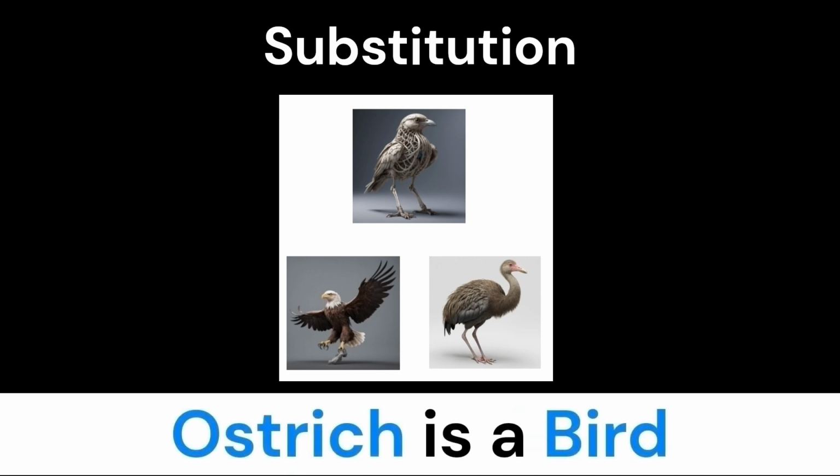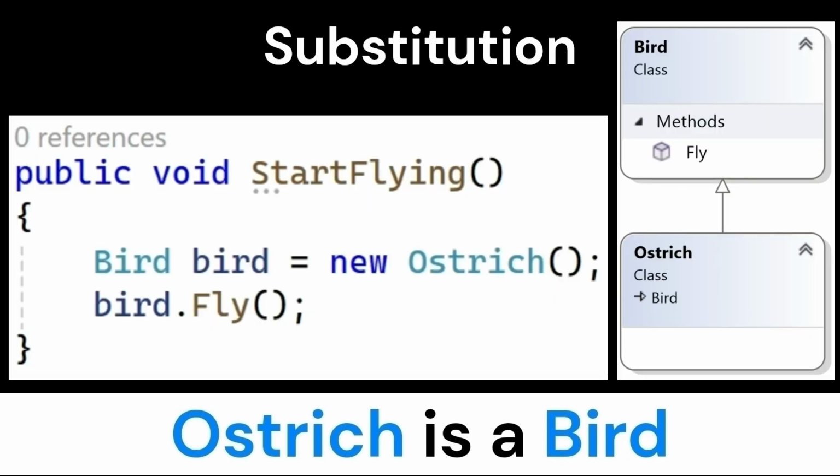An ostrich is also a bird, but it doesn't fly. Even though an ostrich satisfies the is-a relationship with a bird, it's not a proper substitute for a bird in all cases. The fly code that works on a bird will fail when applied on an ostrich. Scenarios like this create problems when using polymorphism, which is a key advantage of inheritance.